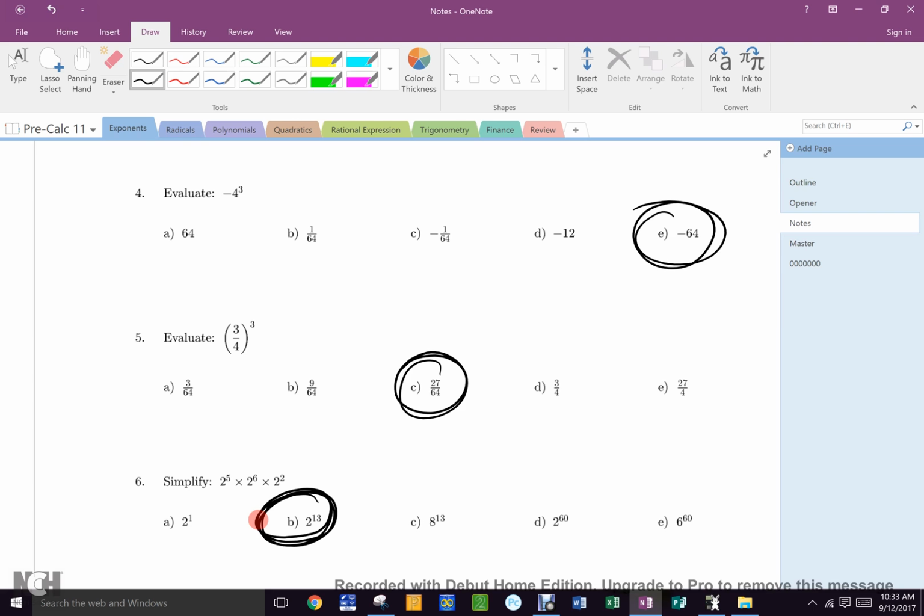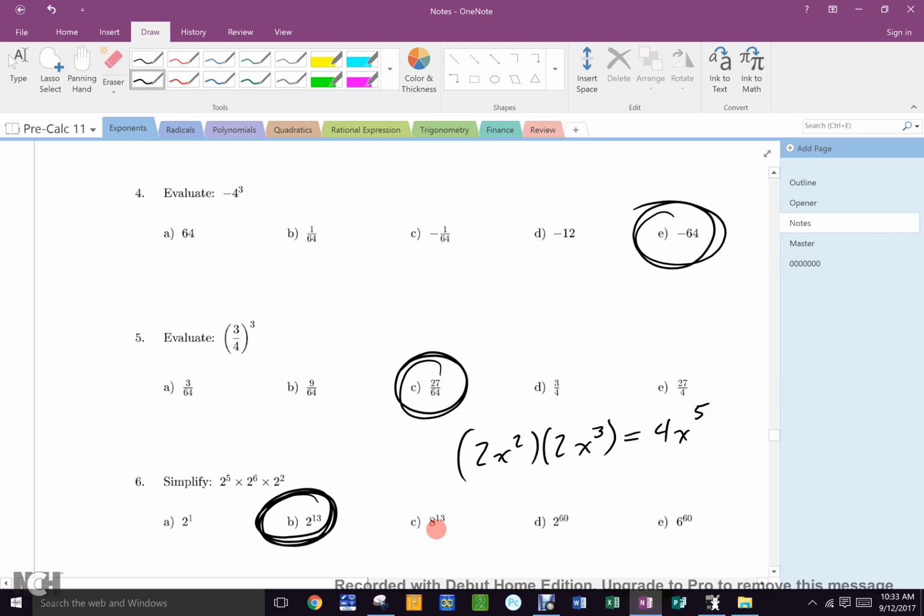Now, somebody always says, but Mr. Myers, 2x squared times 2x to the third is 4x to the fifth. Why isn't this 8?